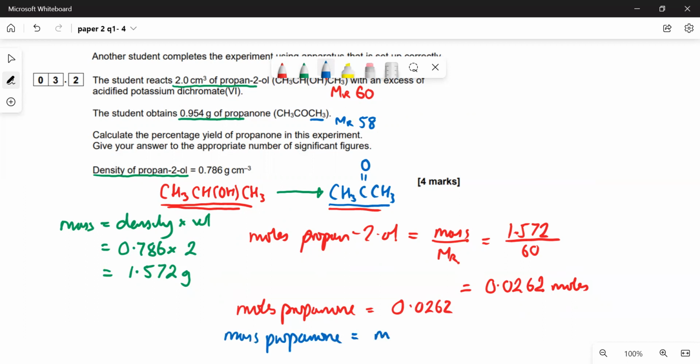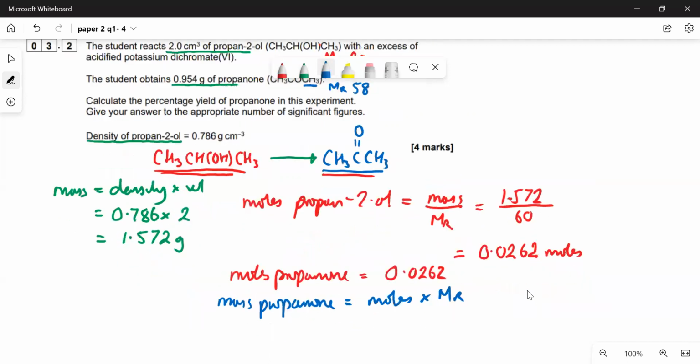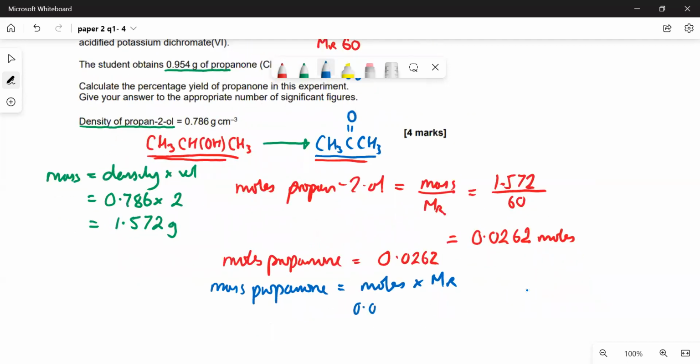It's moles times Mr. So we've got 0.0262 moles, and the Mr of propanone is 58. That gives us a mass of 1.5196 grams.